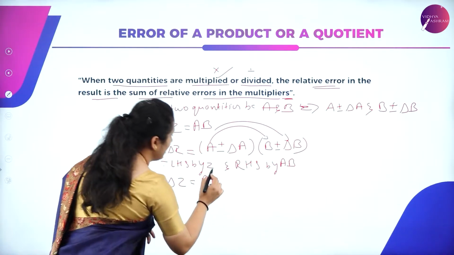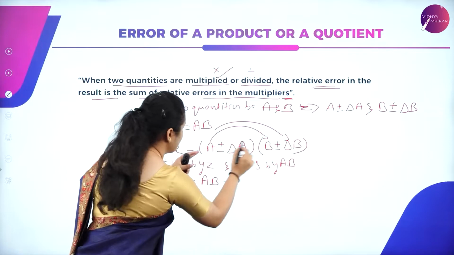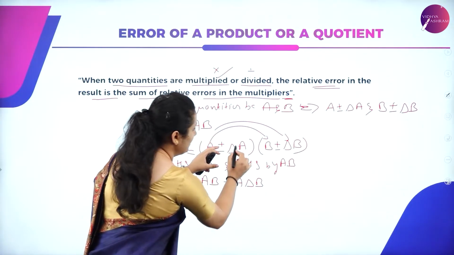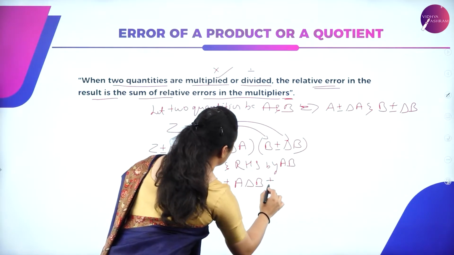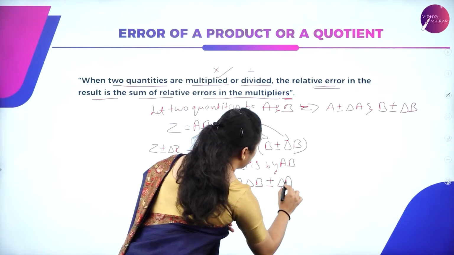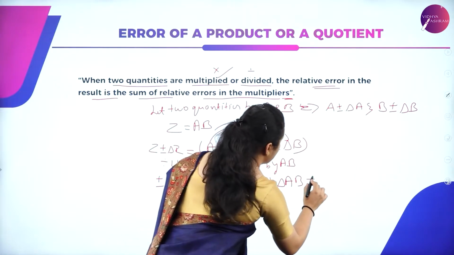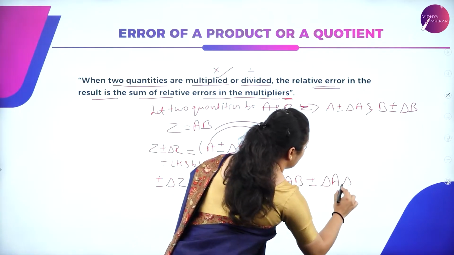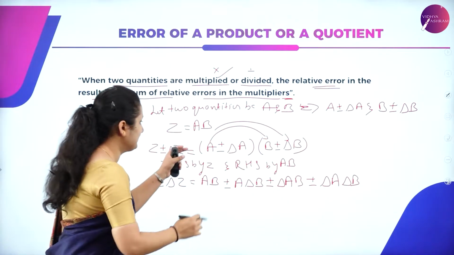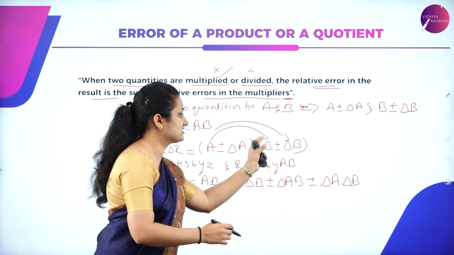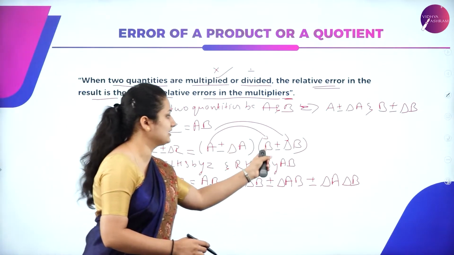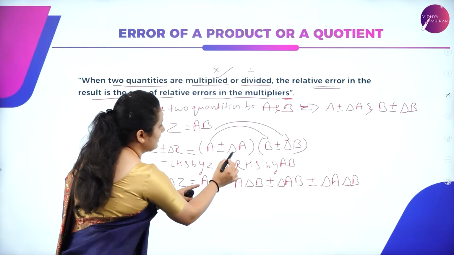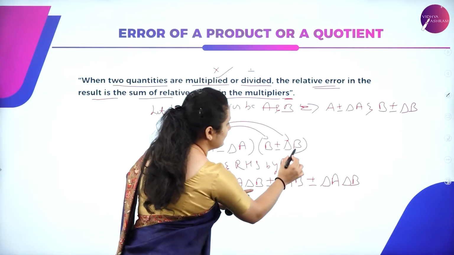So AB plus or minus A delta B. Take the second one, multiply first term, multiply second term: plus or minus delta A B plus or minus delta A delta B. I have taken the first term and I am multiplying the first term and second term.